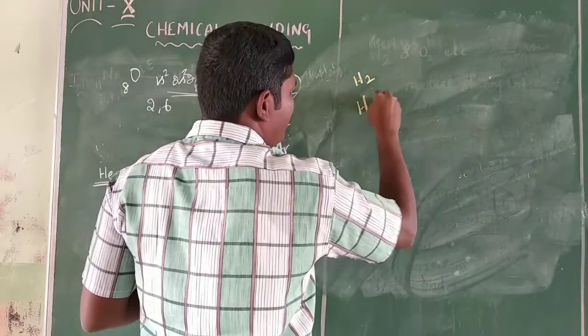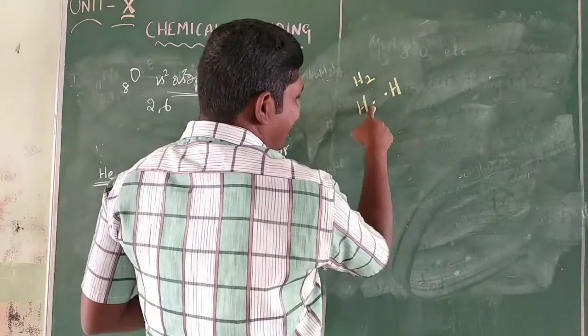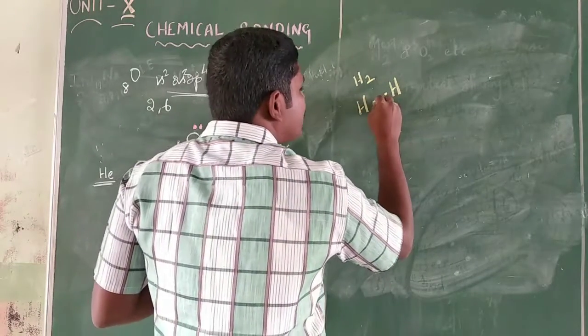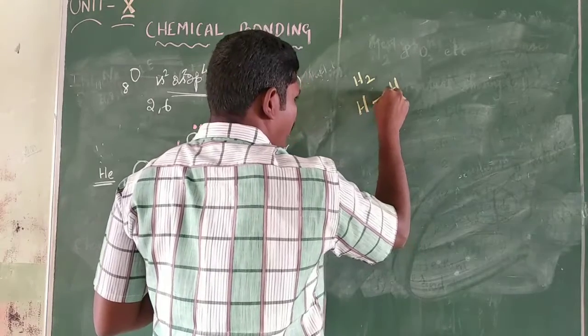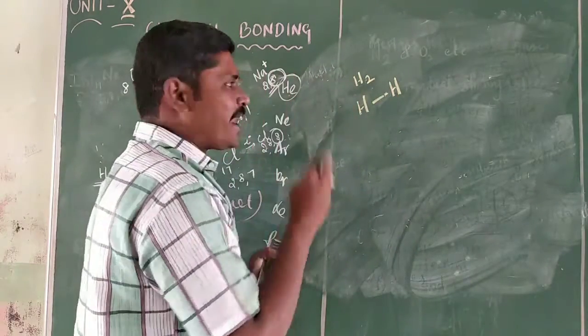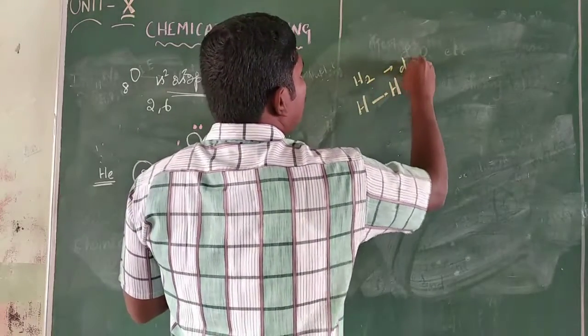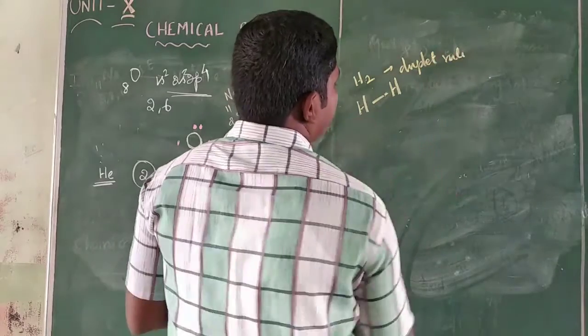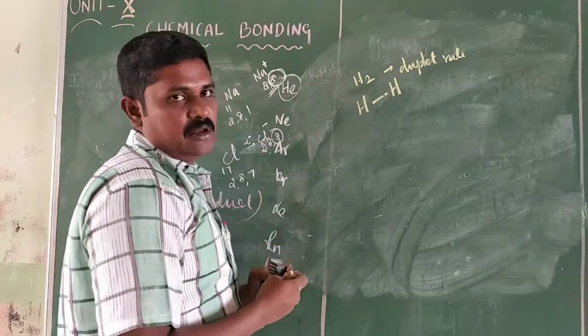The hydrogen having only one electron in each atom, so both atoms mutually share electrons. Right? So the hydrogen molecule having two electrons obeys the duplet rule. Obeying the duplet rule is more stable.